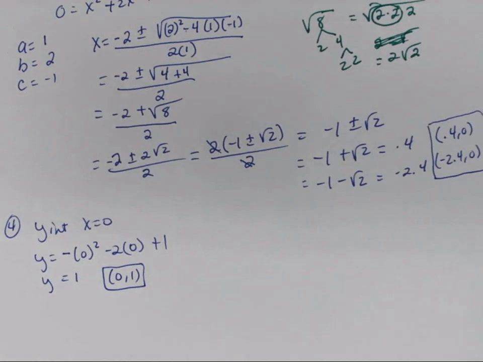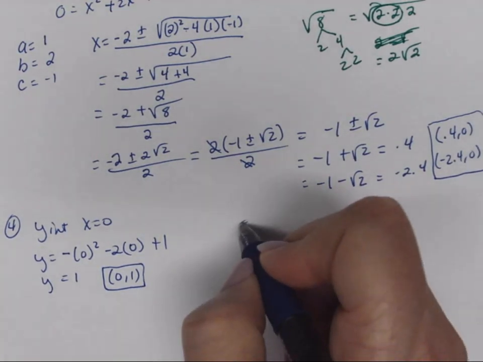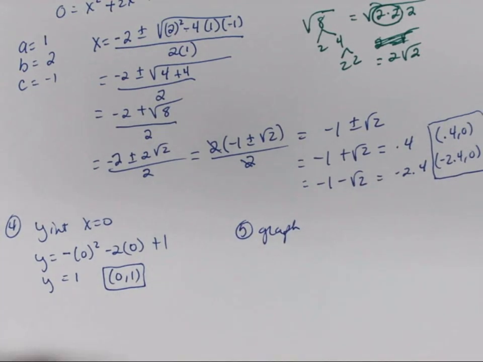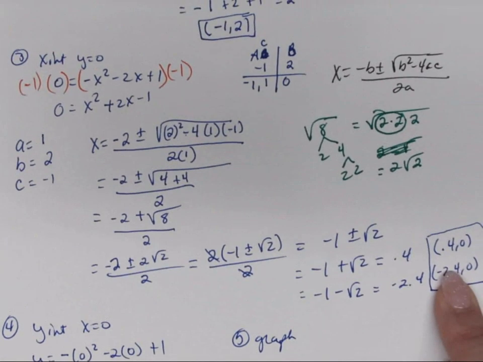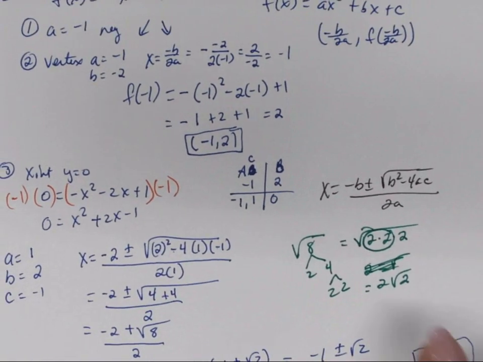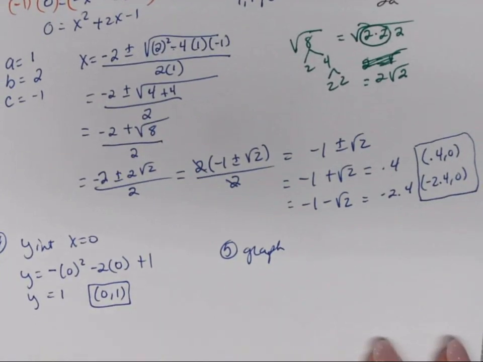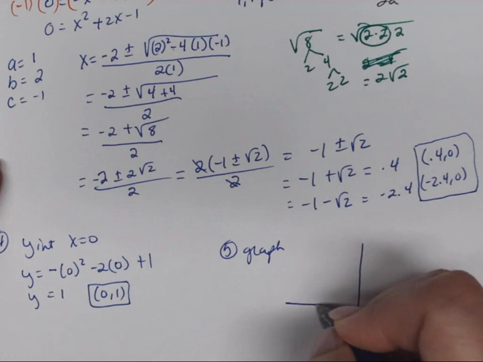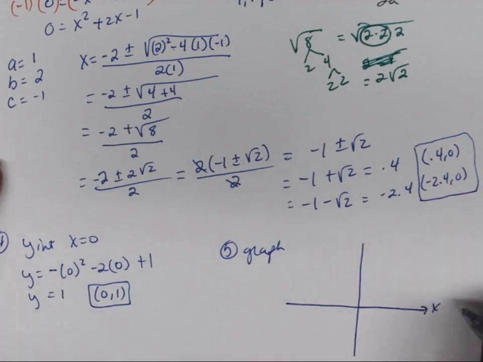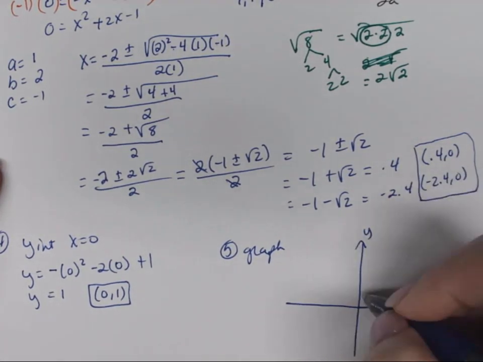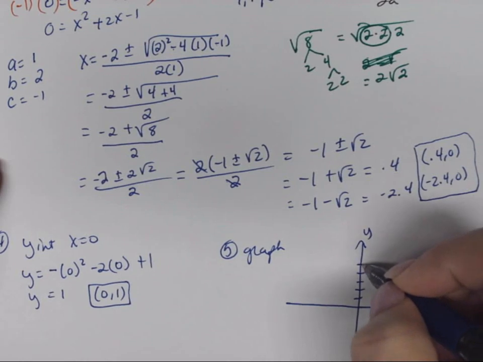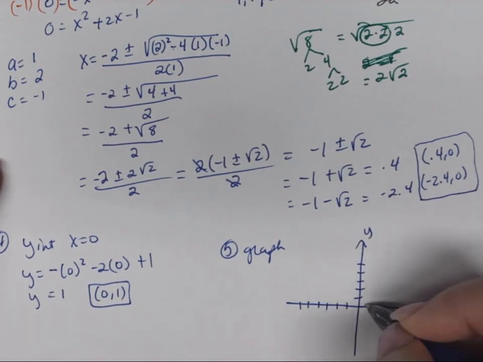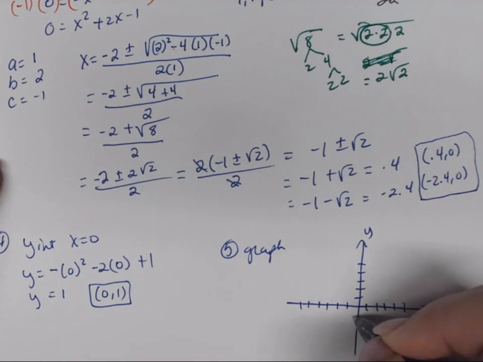All right, so now we can actually graph. So for the graph, we don't have really big intercepts, and our vertex was not very big. So we don't need big numbers on this one. So I'm going to graph it. Notice again, I am graphing all of these by hand. I'm going to go to 5 just to give it some room.